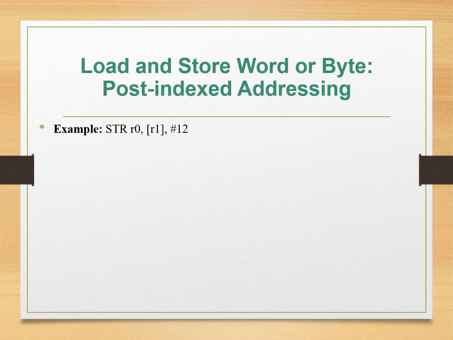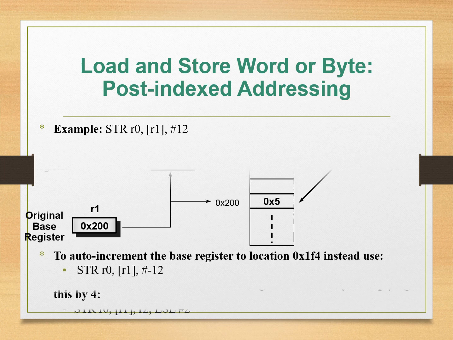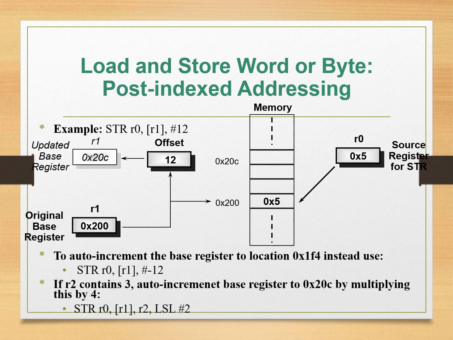Load and store with post index addressing. Okay, this is post index addressing. So if you have this example, store R0, R1 in brackets, and then you have the immediate number 12.